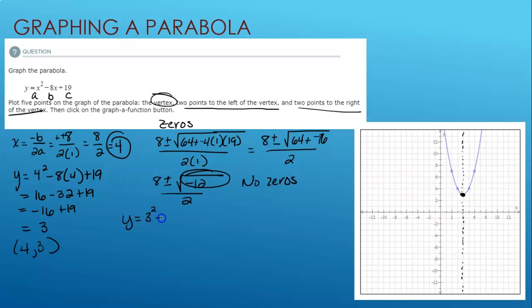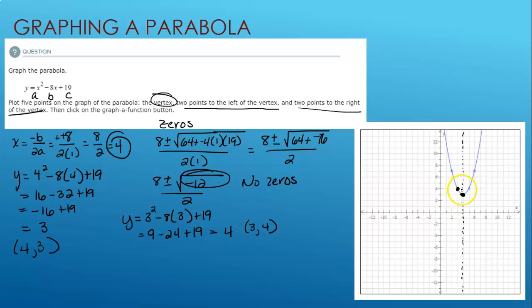So that's 3 squared minus 8 times 3 plus 19. So that's 9 minus 24 plus 19, which is 4. That tells me that when I substitute in a 3, I get 4. So 1 point on my curve is (3, 4).